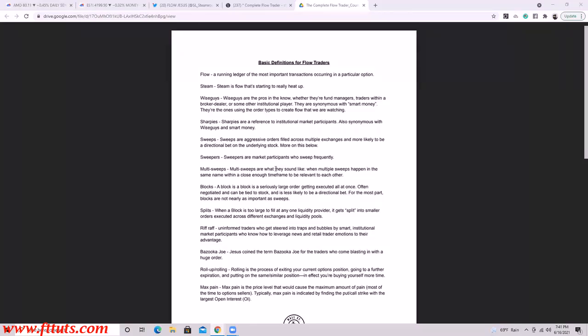Basically they want everything that's being offered across all the exchanges. That player wants to sweep the book. So obviously, an aggressive order.